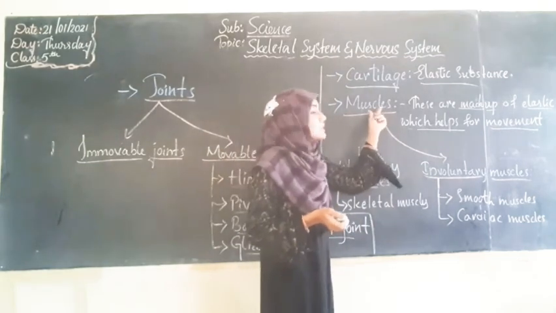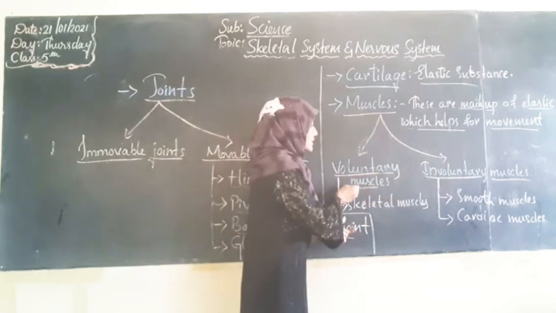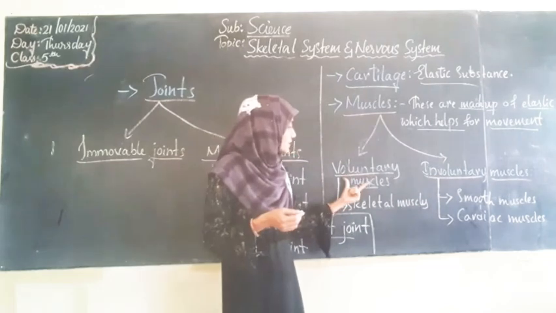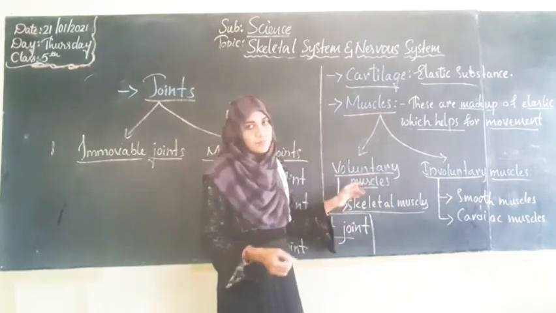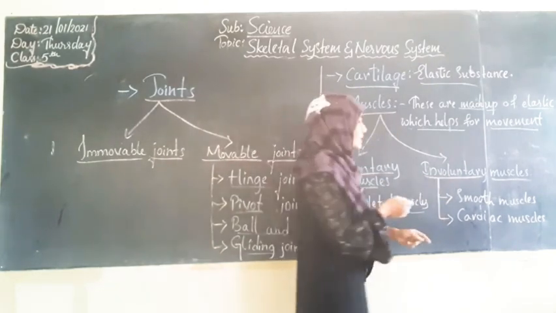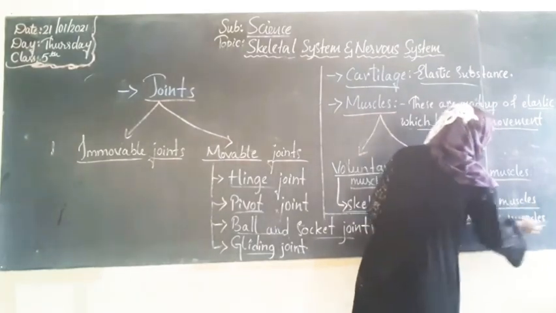In muscles we can find two types: voluntary muscles and involuntary muscles. In voluntary muscles we find one type, the skeletal muscle, whereas in involuntary muscles we see two types, smooth muscles and cardiac muscles.